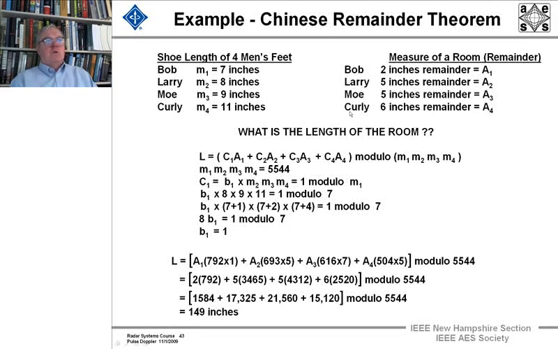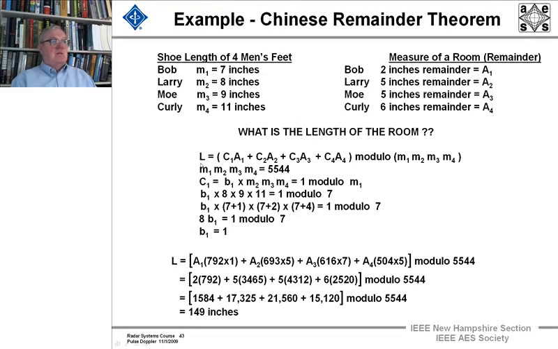And the same with Larry, Moe, and Curly. We remembered our remainders, and we know how long our feet are, but we all forgot how many times it took us to get to that short remainder. And you can use the Chinese remainder theorem for dunces like moi to figure this out.